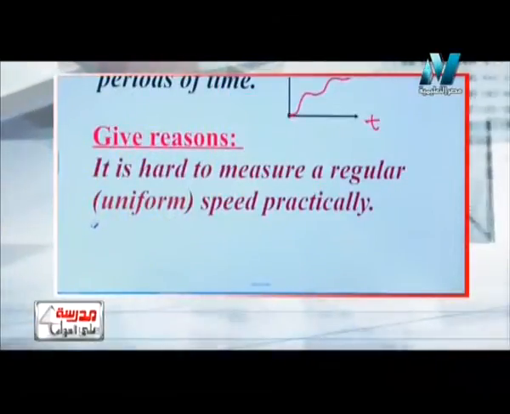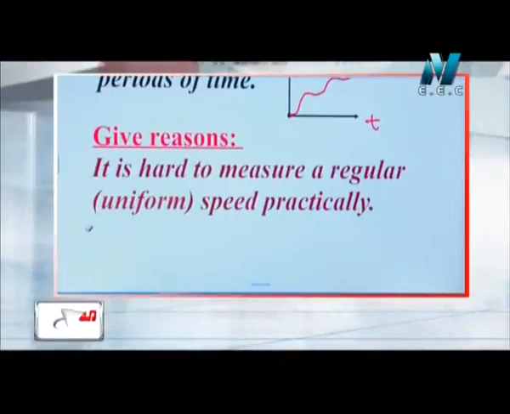It is hard to measure the uniform speed of any object practically, due to the traffic motion. We can see the answer in front of us here: due to traffic, it's hard to measure a regular uniform speed practically.